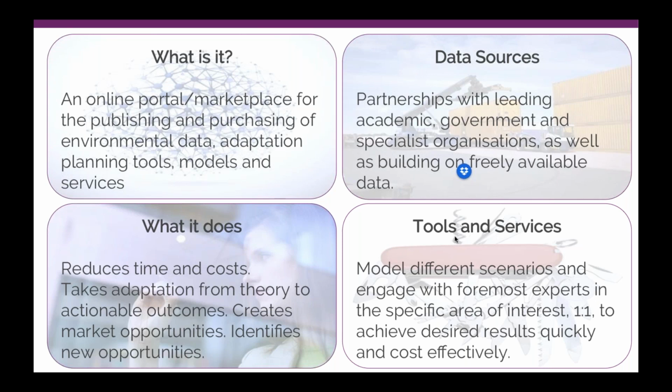As I've said, the time to act is probably several years ago now, so we need to move very, very quickly and enable people with data and tools and services to get these adaptation strategies in the works. We also see it as a way that you can create market opportunities in markets that you already have, but also to identify new opportunities as well. And I'll touch on those in a little bit more detail.